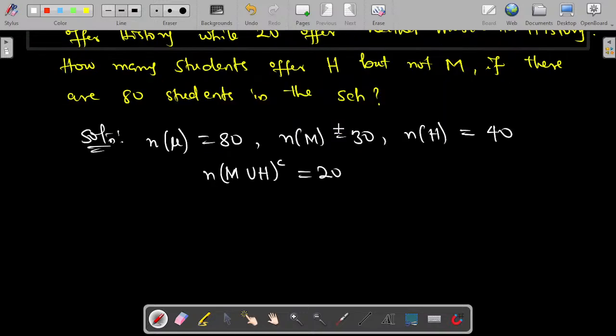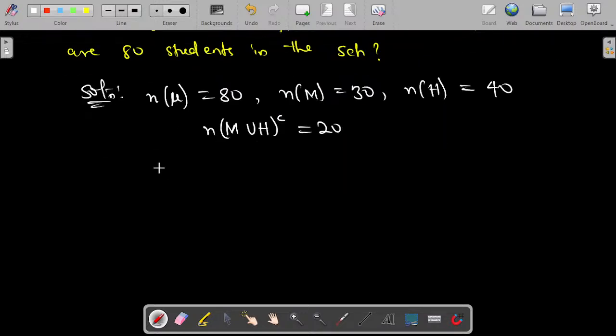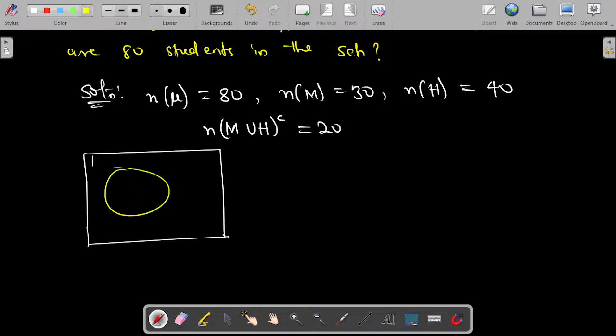So let's represent this in a Venn diagram. That is going to help us a lot. You have music here, and history here. First of all, you start from the intersection. Let the intersection be x.